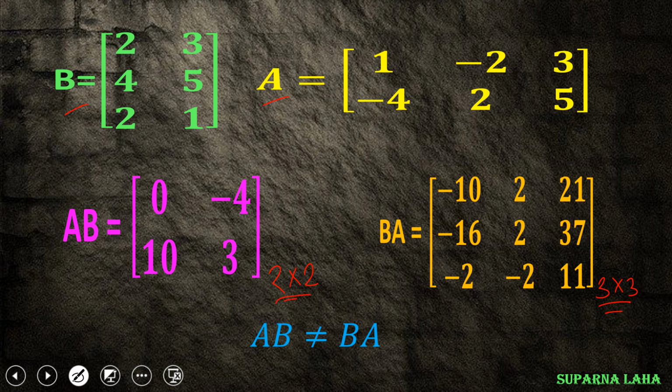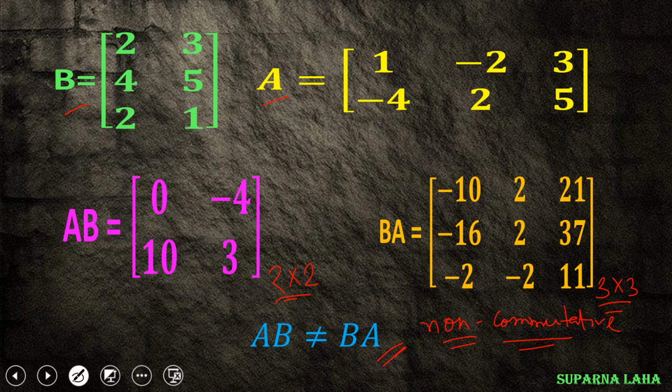So AB and BA are not equal. That means matrix multiplication is non-commutative. Addition is commutative, but matrix multiplication is non-commutative. In general they are different, but sometimes they may be equal.